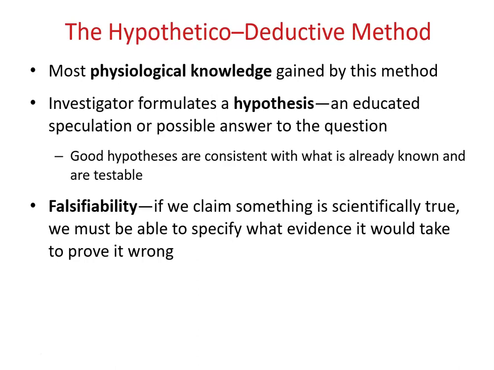If I claim that Thor and Zeus are literal corporal entities that are controlling humans' fates and destinies, there's not only no way to show that's true, there's no way to prove that's false. It is not falsifiable. So a very important key here is that falsifiability is a component of the hypothetico-deductive method of thinking about scientific concepts.